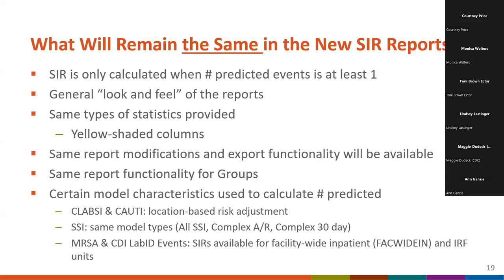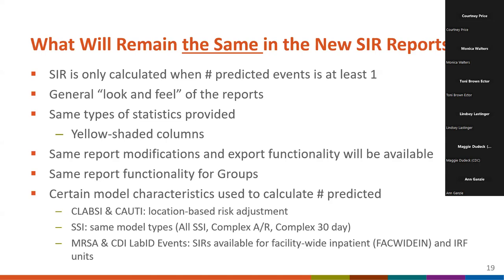So that is not changing. You will see that rule applied to the new reports as well. The general look and feel of the new reports will be very similar to what you're used to. The same colors, the same font style, the way that the tables are formatted and structured, all of that will stay the same.